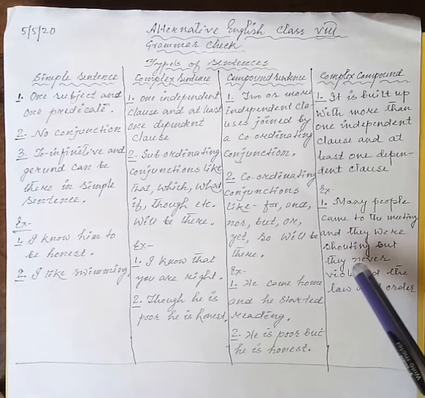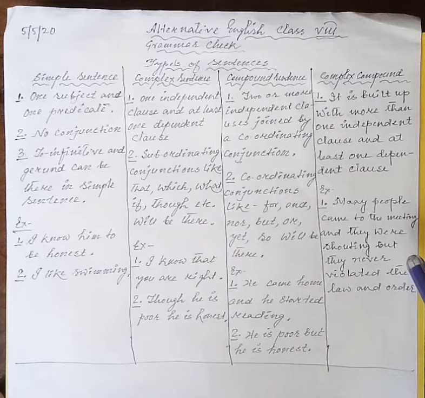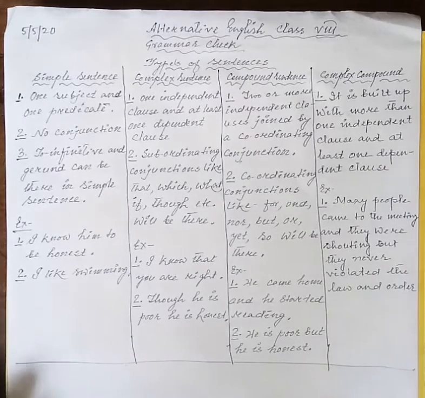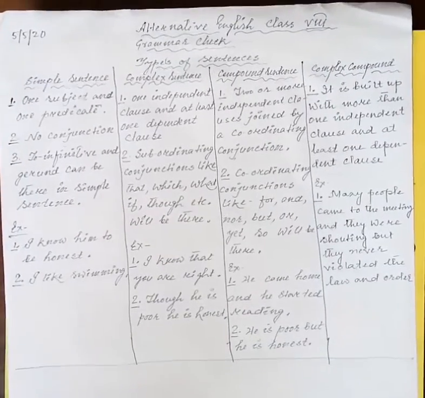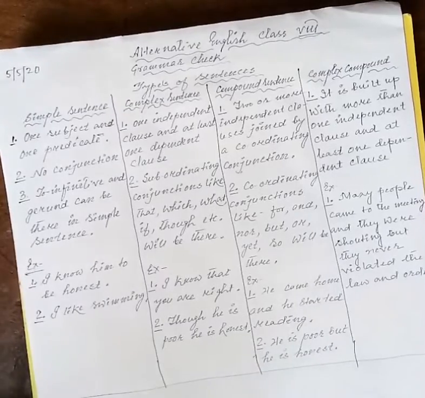They were shouting, but they never violated the law and order. Here, this is independent. This is a compound sentence, two compound sentences.